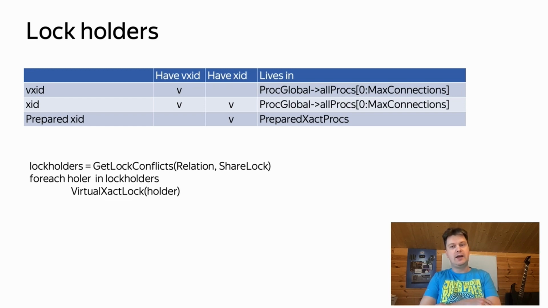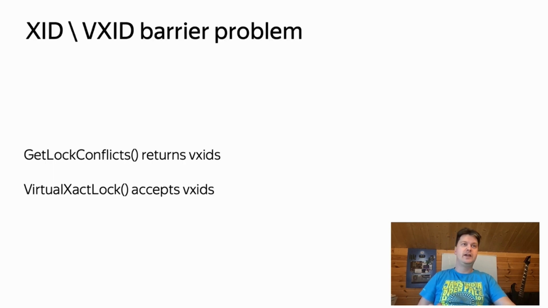We didn't take prepared transactions into account at all because they don't have a virtual xid. The GetLockConflicts routine returned virtual xids, and VirtualXactLock waited on virtual xids, but two-phase commit transactions didn't have a virtual transaction identifier.